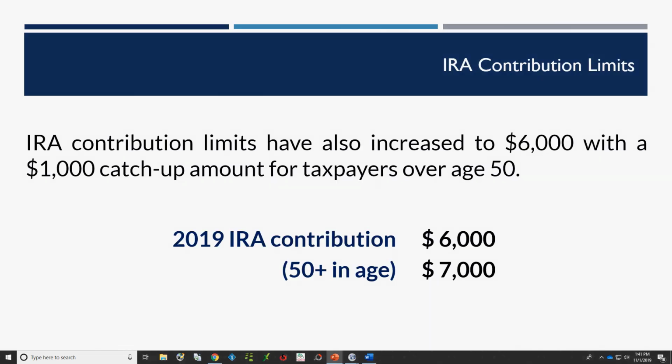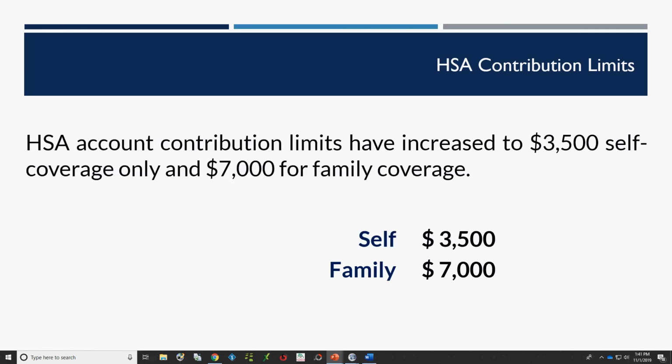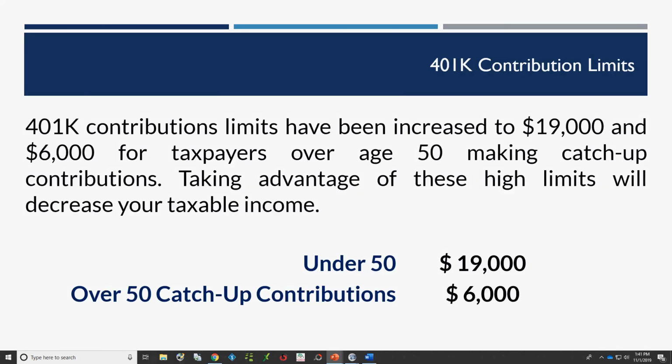So IRA contribution limits have increased a little. They are now at $6,000 with a $1,000 catch-up amount for taxpayers over age 50. HSA contribution limits have also increased to $3,500 for self-coverage and $7,000 for the family. 401k contribution limits have also increased to $19,000 and $6,000 for taxpayers over 50 making catch-up contributions.